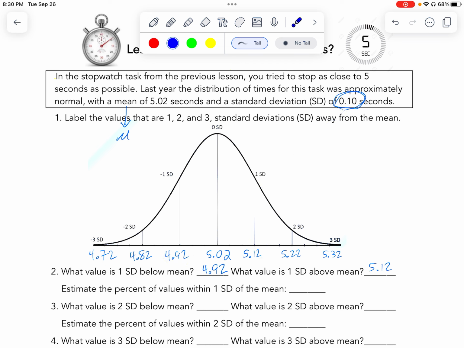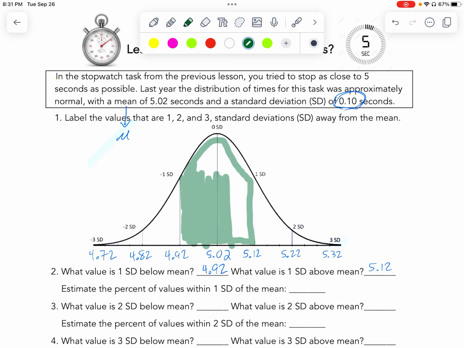Estimate the percent of values within 1 standard deviation of the mean. So I'm asking you to estimate what you think the area is in between all of this.